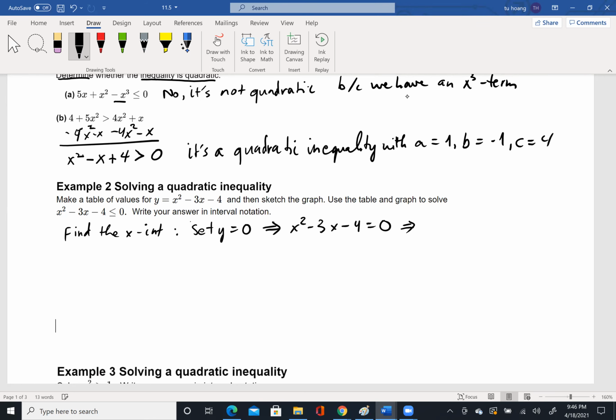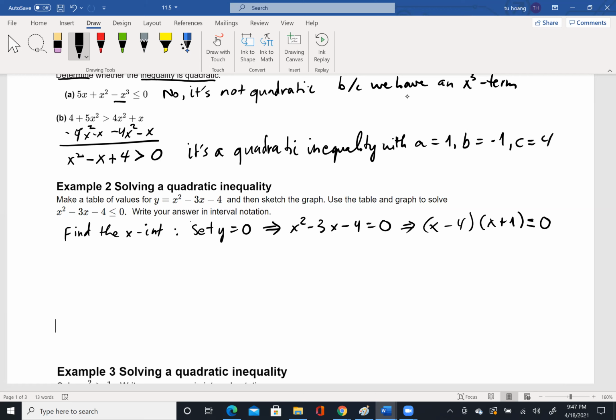So we have x squared minus 3x minus 4 equals 0. Then I can factor this. Can I factor this? Two numbers multiply to -4 and add to -3. So I'm going to say (x minus 4)(x plus 1) equals 0. When you factor this, you have x minus 4 and x plus 1.